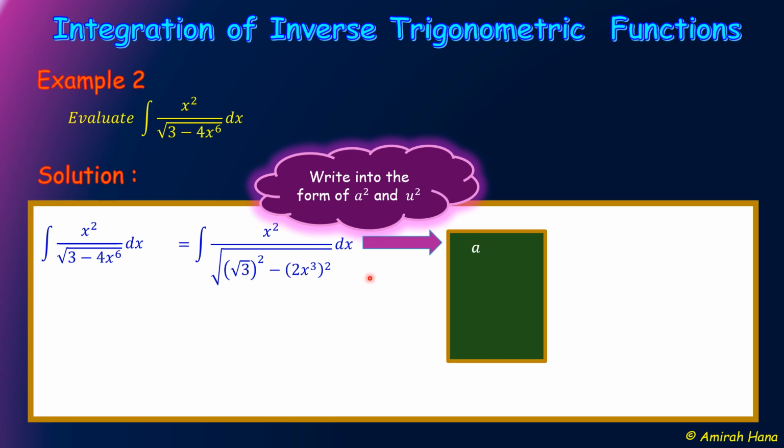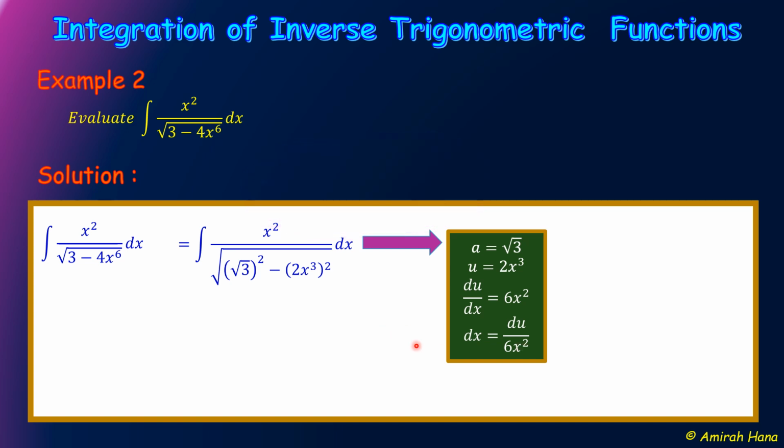So our a equals 3, u equals 2x cubed, and after that we differentiate u with respect to x, so we get du over dx equals 6x squared. When we use u substitution, we need to write dx as the subject, so we get dx equals du over 6x squared.